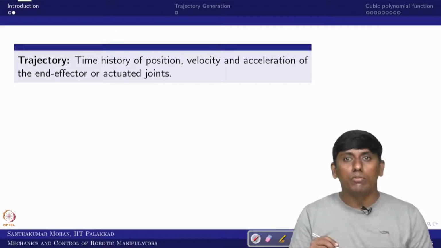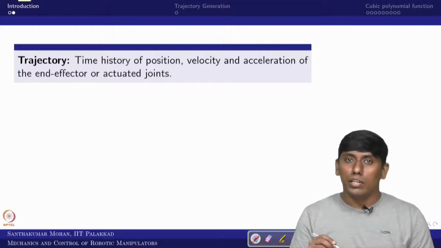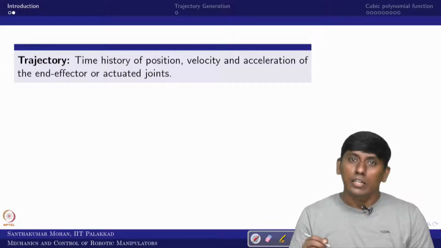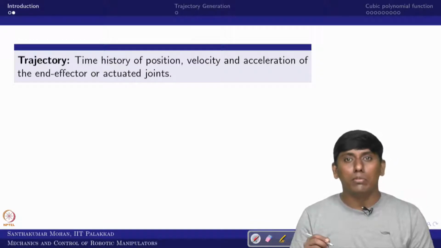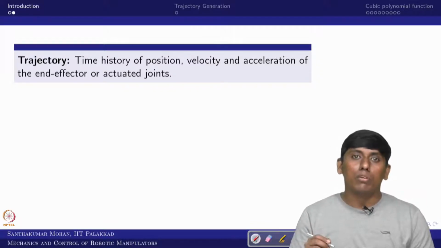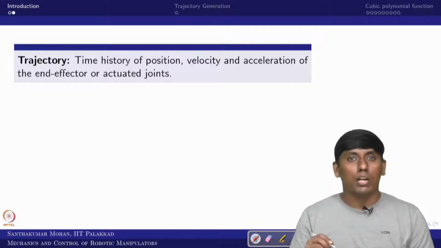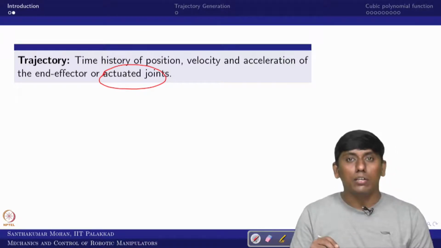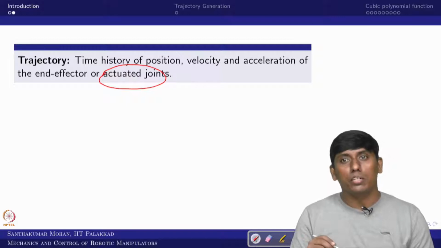So we are again bringing back the different definitions, which you should be familiar with. The trajectory is nothing but the time history of position, velocity and acceleration of the end effector, or sometimes of the actuated joints. It depends on what space you are working in. If you are working in configuration space, then it is the time history of the actuated joints, in the sense joint position, joint velocity and joint acceleration.